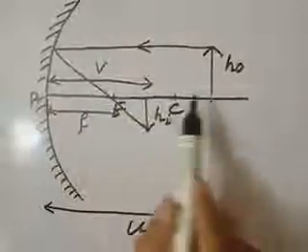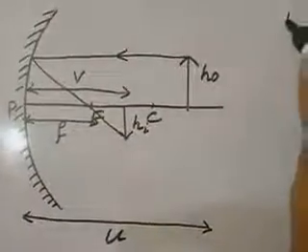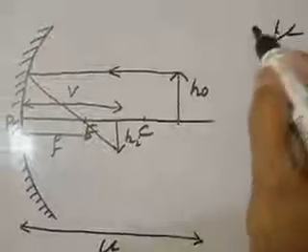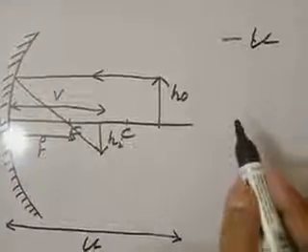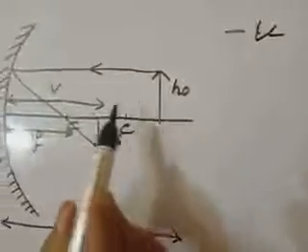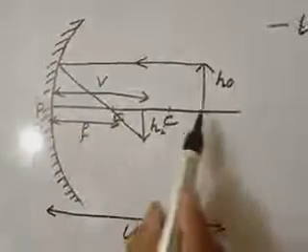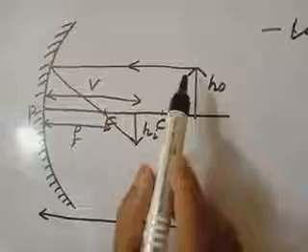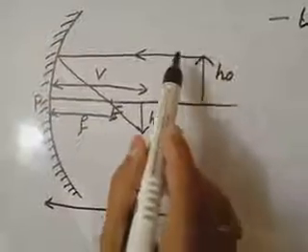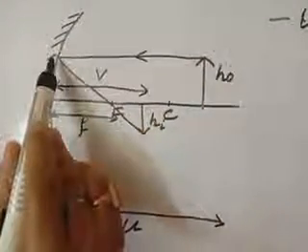So here the object distance will be minus U. If a virtual image forms on this side, then it will be plus V. So any distance measured in the same direction as the incident ray is taken to be positive.